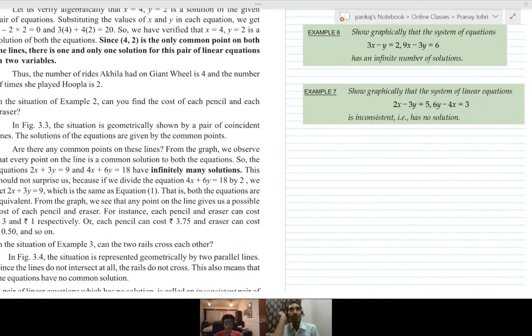Remember these two standard forms, because we'll be drawing a short table in which we algebraically represent the three types: whether it is intersecting at one point, not intersecting at all, that's parallel, or coincident. So just remember this. We'll stop here.